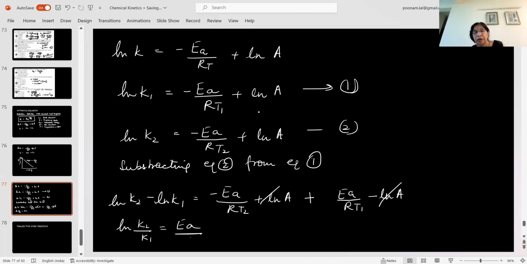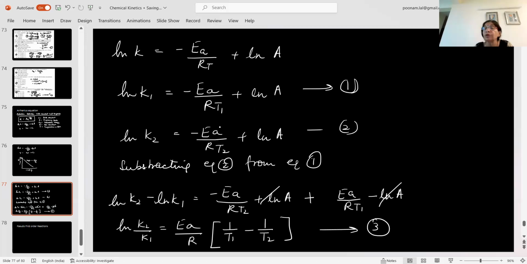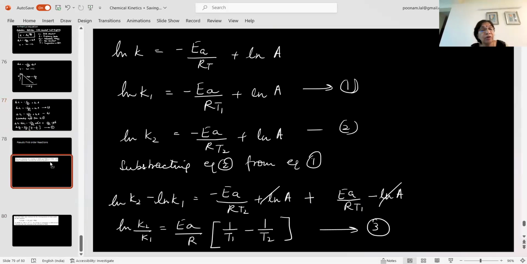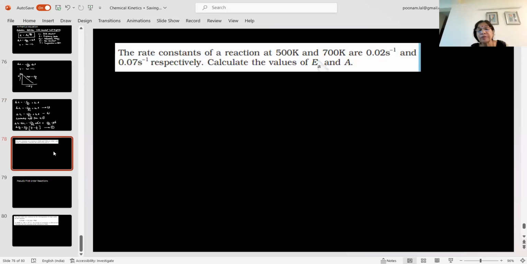So it will become minus EA by R in bracket 1 upon T1 minus 1 upon T2. So this is equation number 3, which we can also use to solve a few questions. Okay, we are going to try to solve a few questions now based on this.